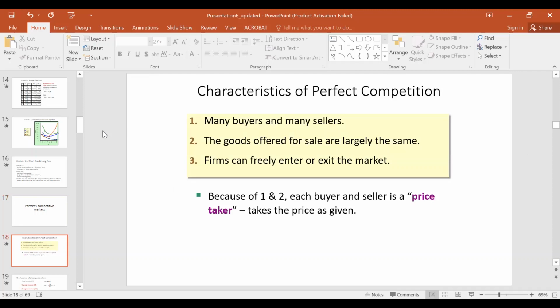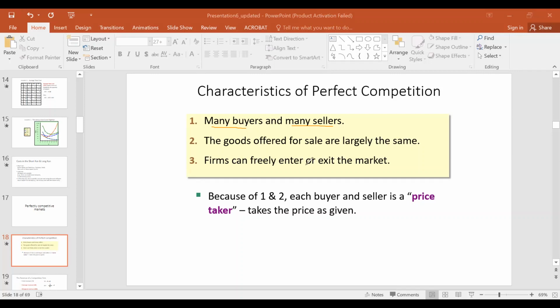What are its characteristics? A market is said to be perfectly competitive when it has many buyers and sellers, many thousands. The goods offered for sale are largely the same. Firms can freely enter or exit.